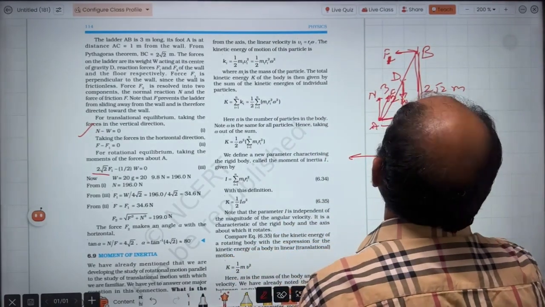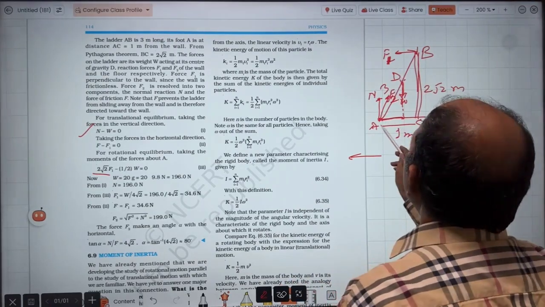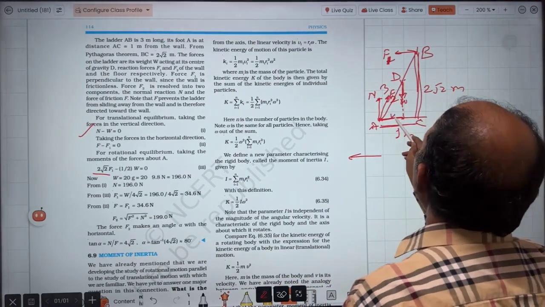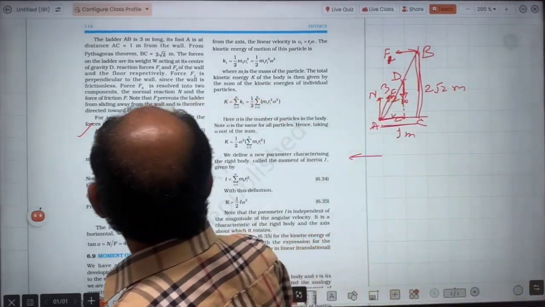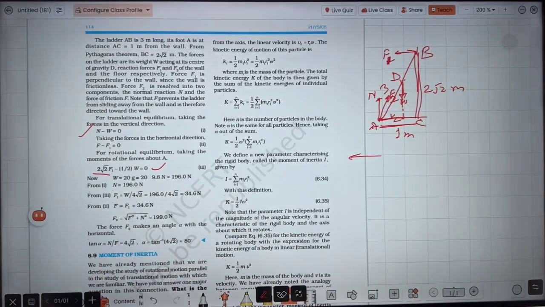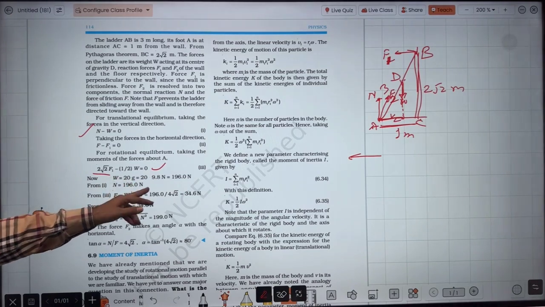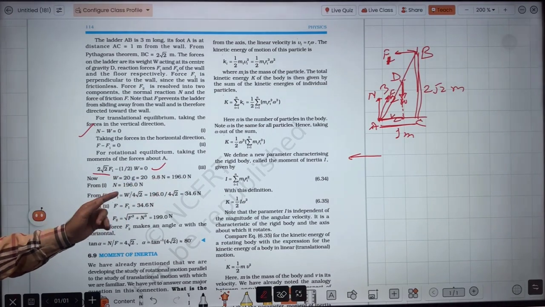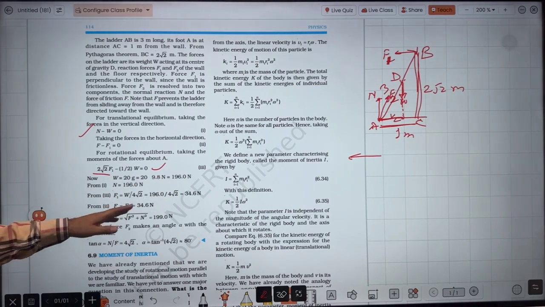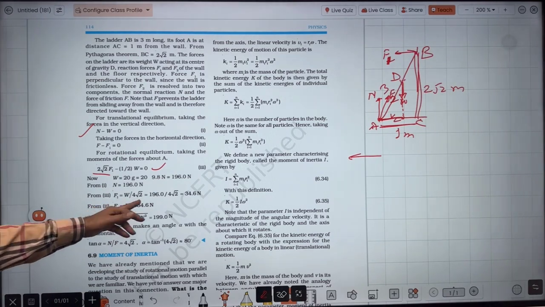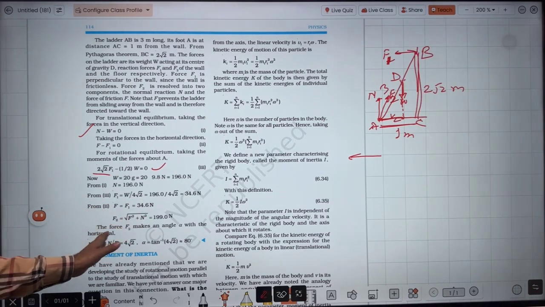So this perpendicular distance should be taken, which will be half of AC. Total AC is 1 meter. So here 1 by 2 meters should be taken. So that is why this is the equation. Now we can put the values. So W is given here, and then N we can get, and then we can get F1 from W upon this, and then F equal to.